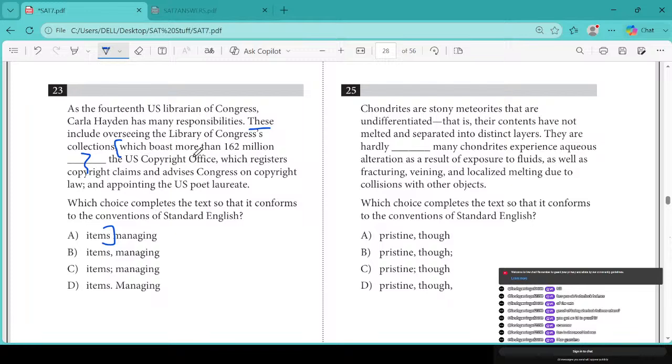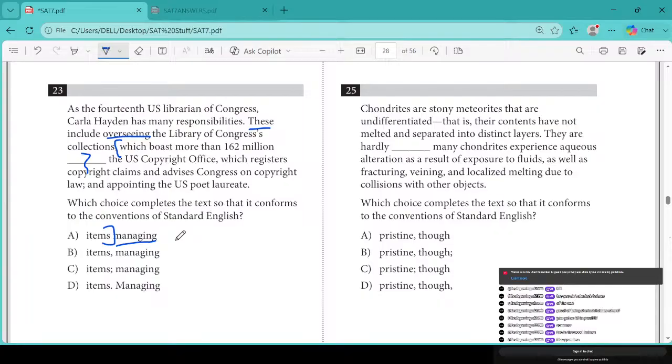However, within the appositive phrase, if you remove it, whatever follows is a list, okay, guys? It's a bit hard to see, but it is actually a list: overseeing, managing, appointing.